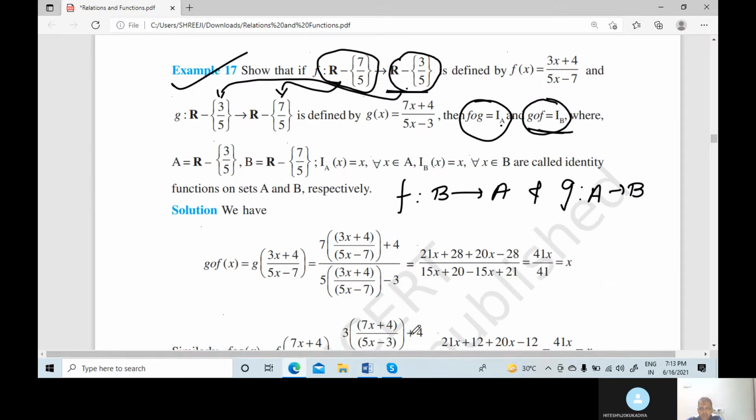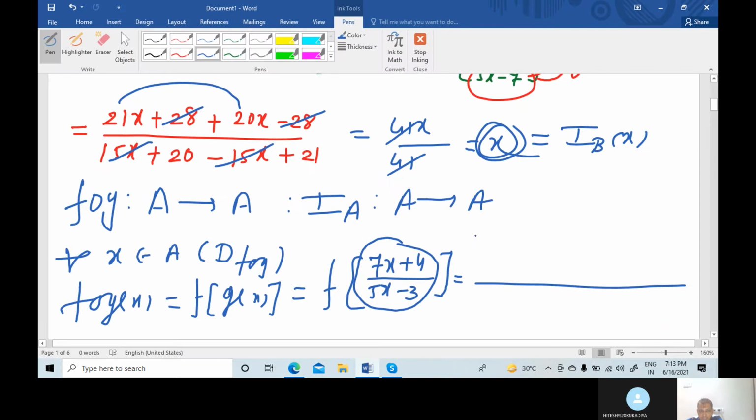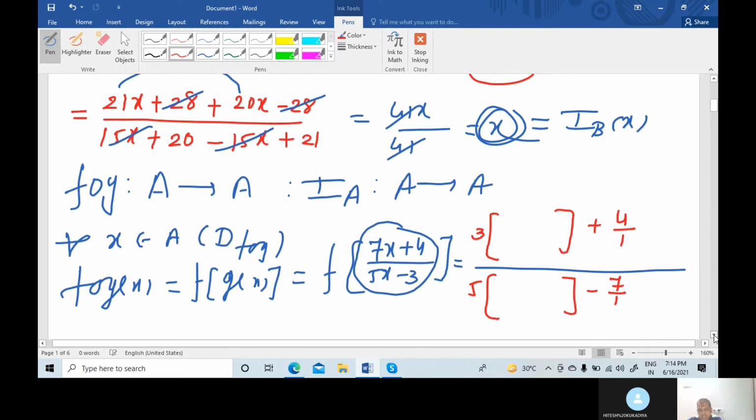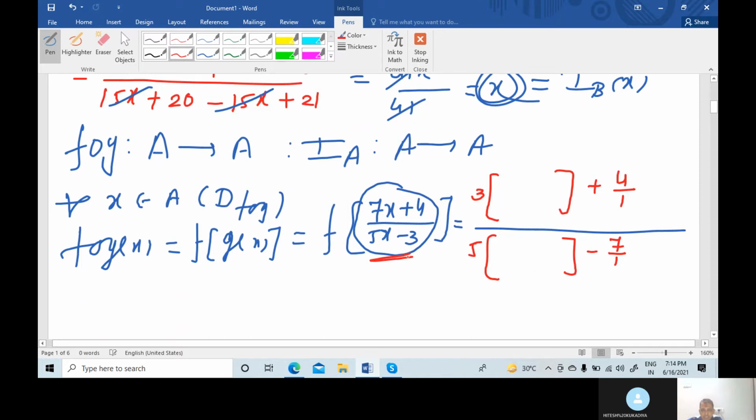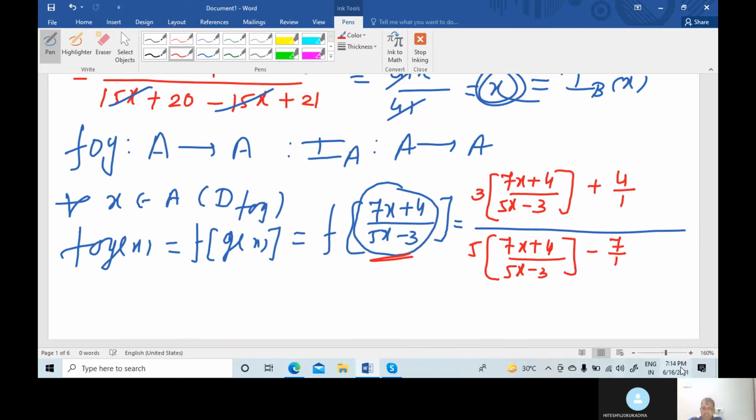F(x) equals (3x + 4) upon (5x - 7). Clear, student? Now put here this one as x: (7x + 4) upon (5x - 3).